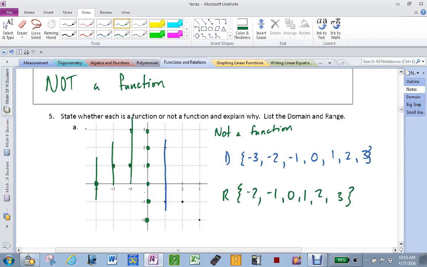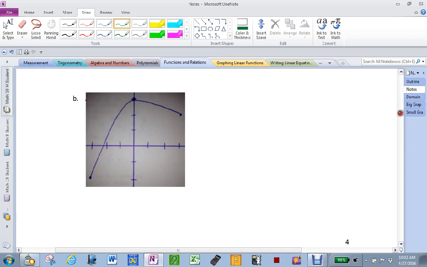Okay. Let's look at the next one. What's different? There's lines. It's a solid line. Yeah? So what does that mean for inputs? Is there an input at negative 2.5?